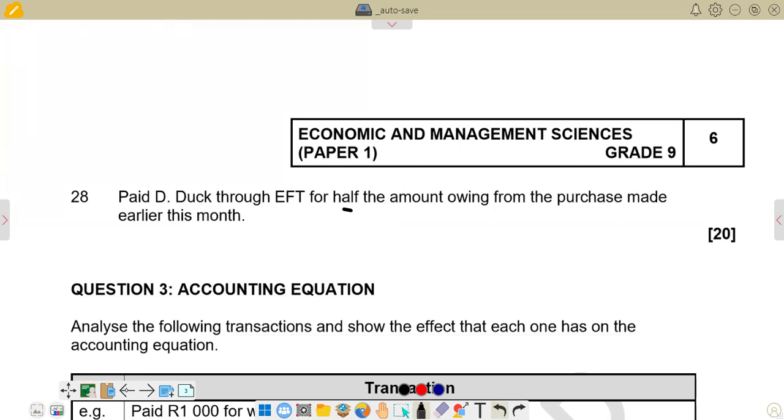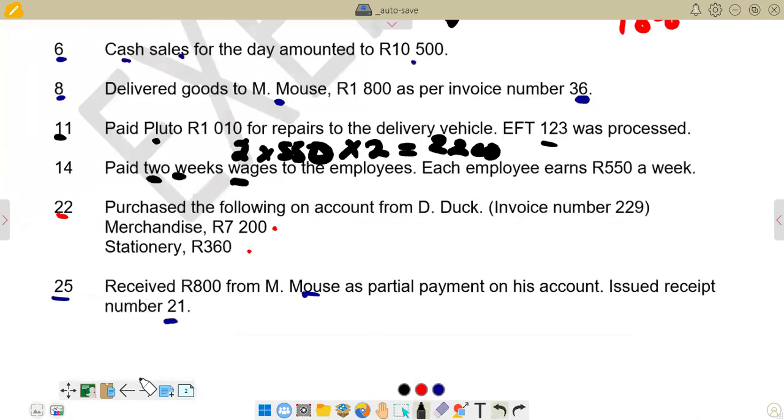If you go back and see when we purchased from Deduct, we purchased 7,200. Then we also purchased 360. Let's try to calculate.